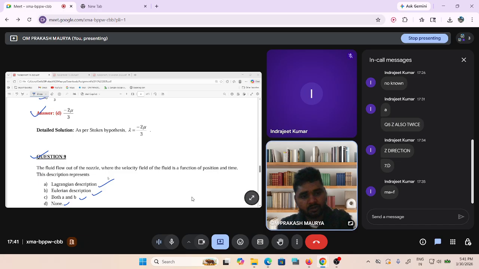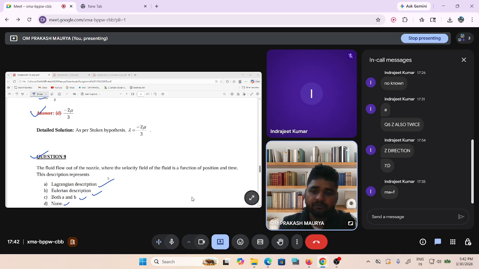Okay, so please think about question number 9. Just try to draw the figure of what the question is telling. The fluid flows out of the nozzle, where in place of the velocity field you can think of a particular fluid parcel of the liquid, which is a function of position and time.